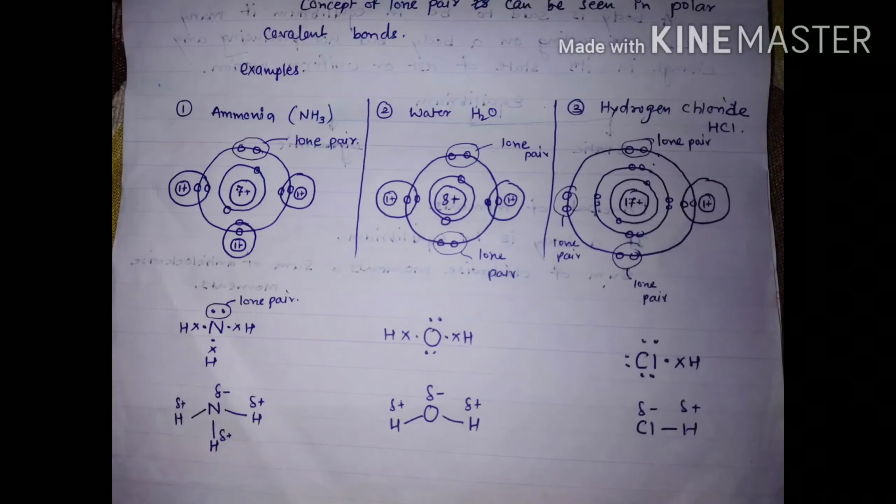Means wherever there is a lone pair, there is negative polarity. You can see that in case of NH3, nitrogen is slightly negatively charged, and 3 hydrogens are partially positively charged. In case of water, oxygen is partially negatively charged, and 2 hydrogens are partially positively charged, as we can see in the diagram.